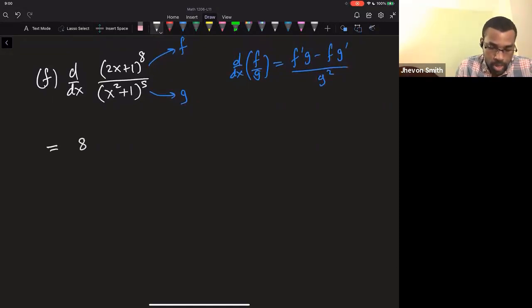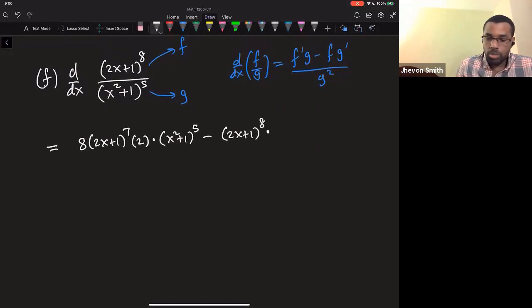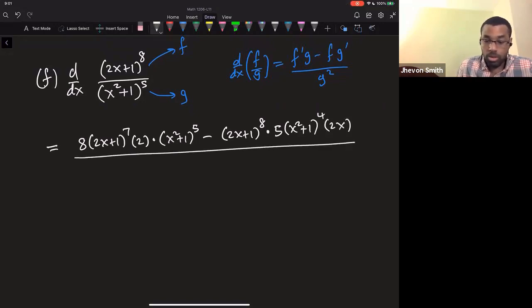F prime, 8 times 2x plus 1 to the 7th times 2 times g, x squared plus 1 to the 5th, minus f, 2x plus 1 to the 8th times g prime, 5 times x squared plus 1 to the 4th times 2x, all over the bottom squared, which is x squared plus 1 to the 10th.